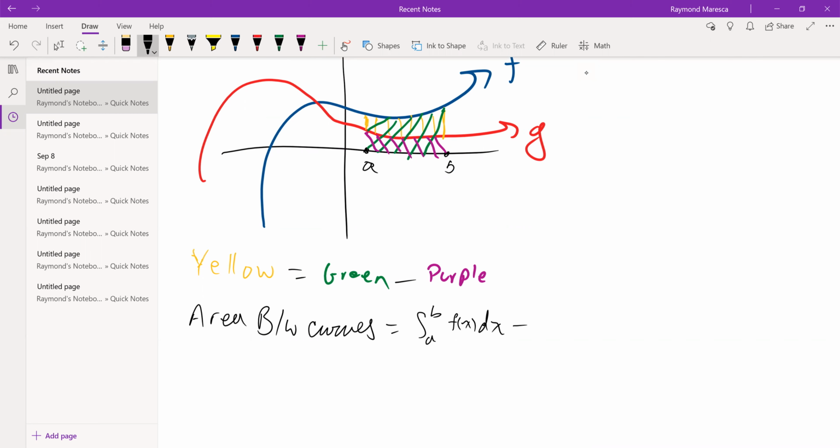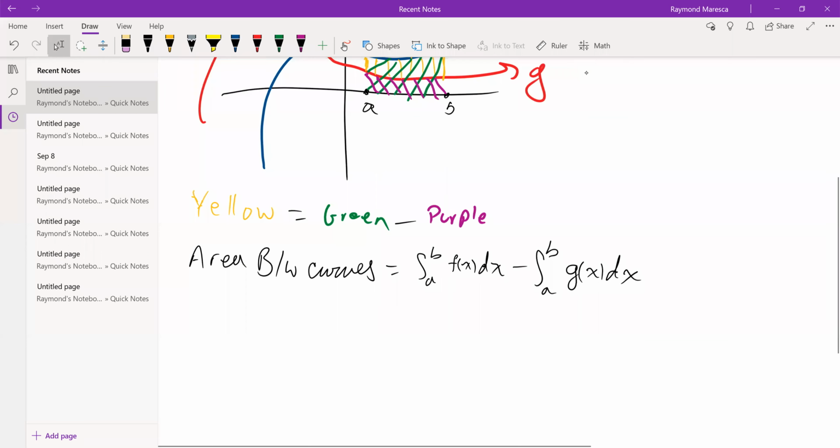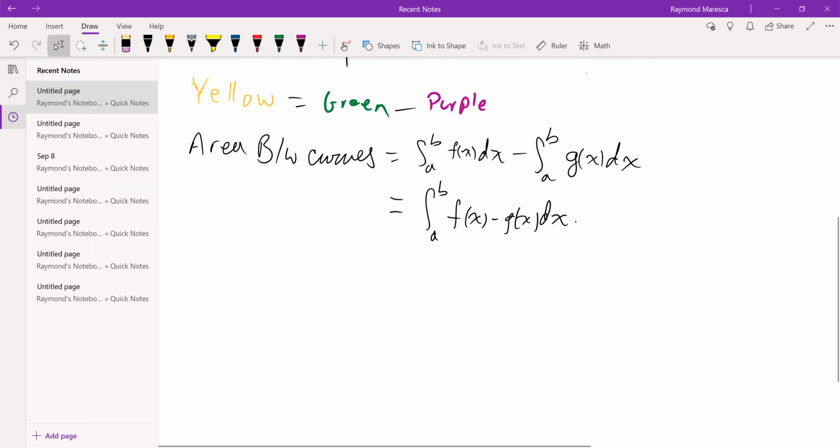And we have to subtract off the purple area, which is the integral from a to b of g of x dx. But by properties of the definite integral, this is the same thing as the integral from a to b of f of x minus g of x dx. So that's nice and pretty useful for when f is bigger than or equal to g.